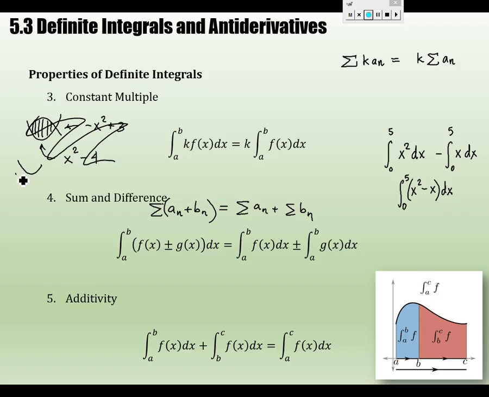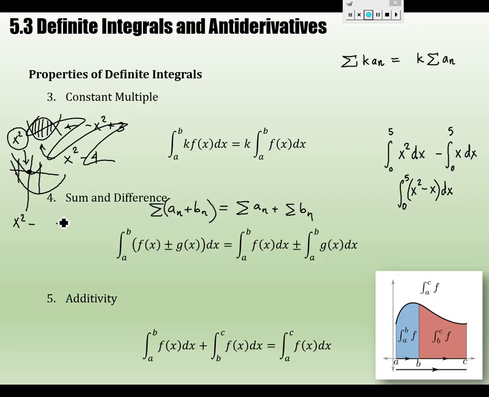I'm trying to think of another good example here. What if this top one was x squared, just make it x squared, and this bottom one was x squared minus, how about 4 and 1?